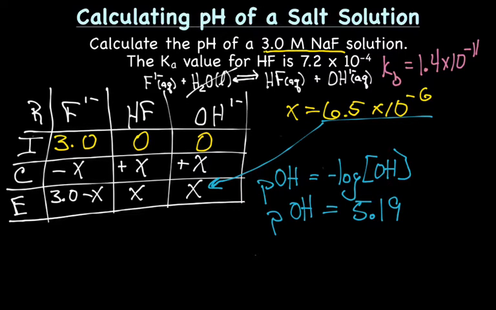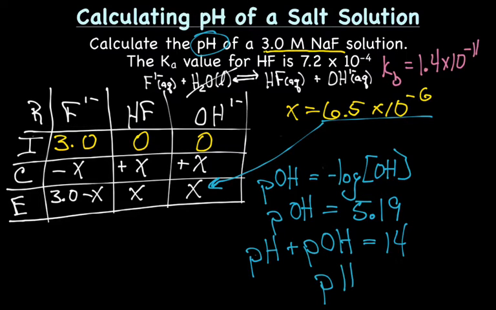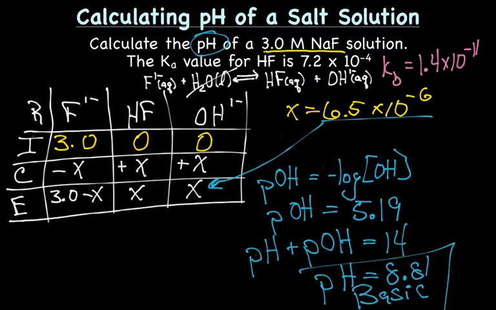And the question asked us for pH, but we know that pH plus pOH equals 14, which means our pH equals 8.81, which means we have a basic solution. And that's it for today. Have a good one.